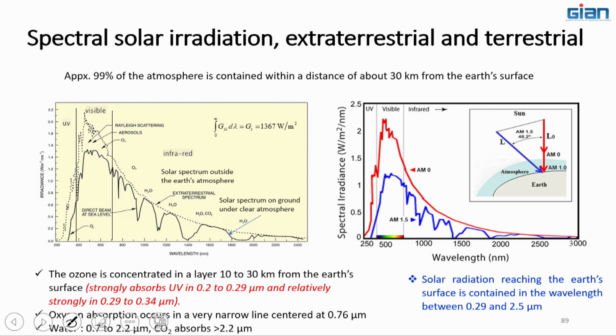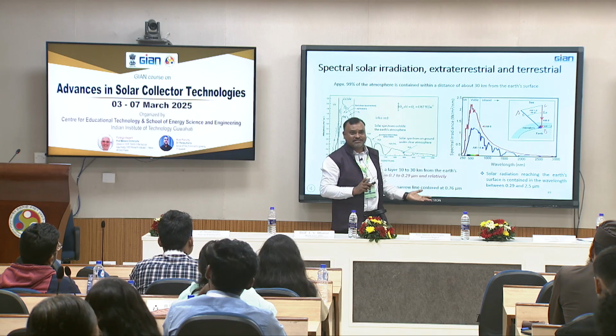AM0, how do we define? So, suppose this is the radiation traveling in the earth atmosphere, primarily we say something like that. So, if we consider this is A, this is B and this is C. Okay. So, AB by BC is equal to cos of theta z. Now this AM0 implies radiation is in the extraterrestrial region, but when the sun ray is on your head in the terrestrial region, then AM is equal to 1.